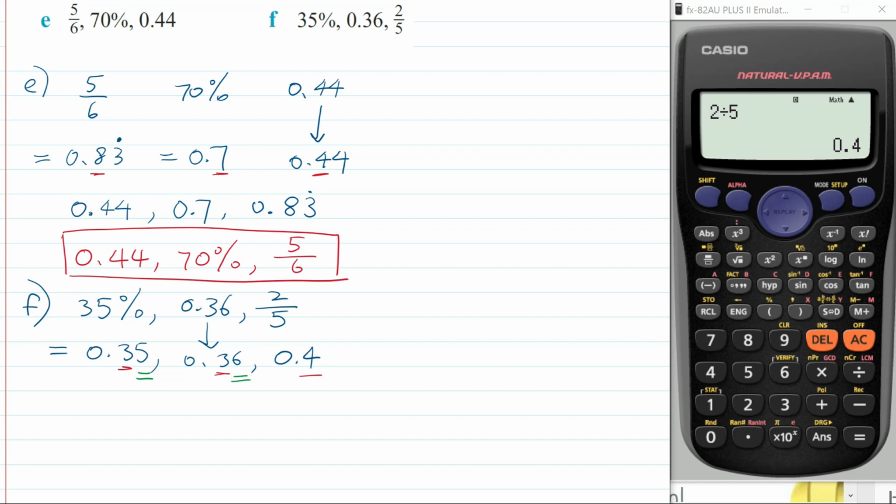So you can see that what we have is actually in the correct ascending order. There is no need to rearrange this. I can simply leave it as it is. So this is the correct form, and this question is actually in the correct order. Please pause this video to finish the rest of question 9.